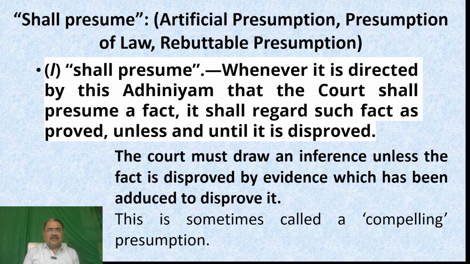So sometimes it might come naturally, sometimes it might not, but the court has no discretionary power. The court has to draw inferences. The fact is considered as proof, and accordingly we call them artificial presumptions or rebuttable presumptions of law, because this fact can be rebutted by the other party. This is a rebuttable presumption of law when it uses the words shall presume.